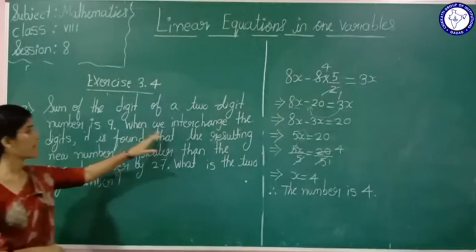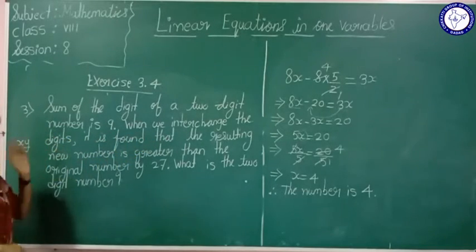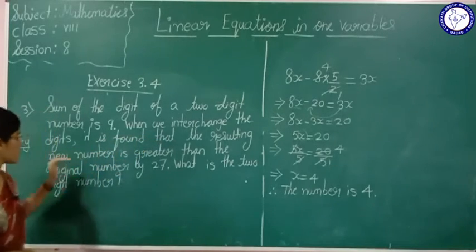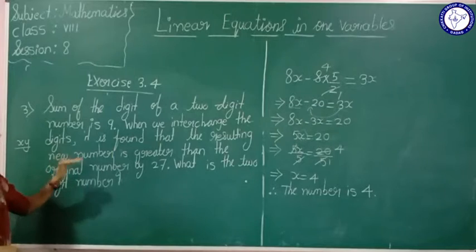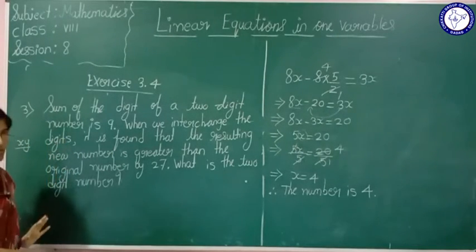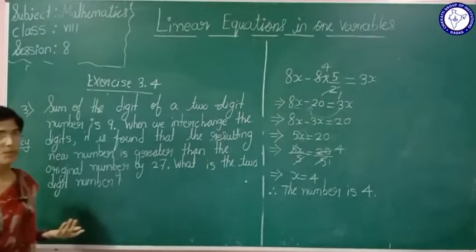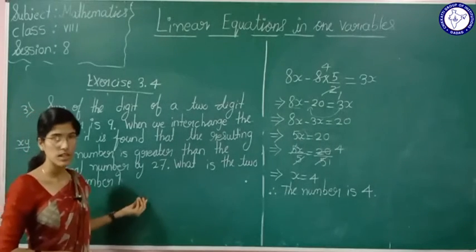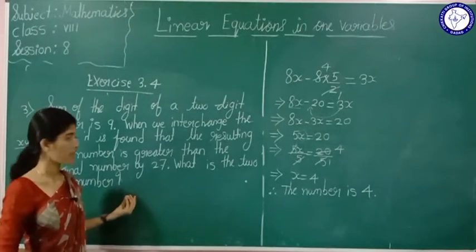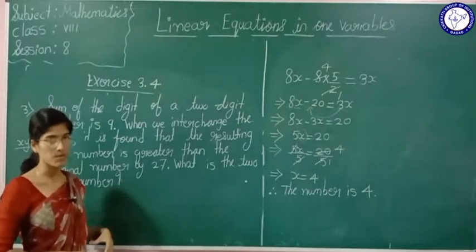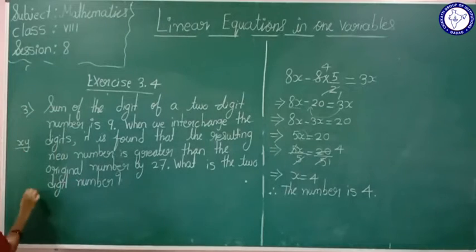When we interchange the digits, it is found that the resulting new number is greater than the original number by 27. What is the two-digit number? According to the conditions we have to write some steps and find out what that number is. Okay, see here. Solution.